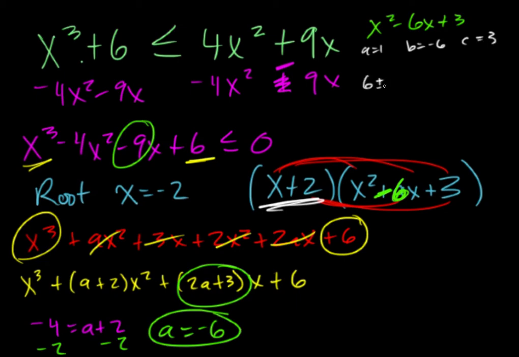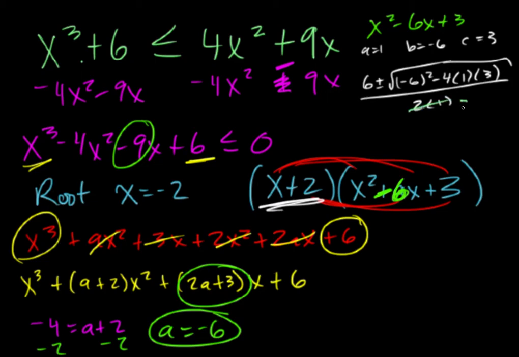So we get 6 plus or minus the square root of -6 squared minus 4ac, all over 2a. That's 2, that's 3, that's -12, that's 36, and 36 minus 12 is 24. So we have 6 plus or minus square root 24 over 2.